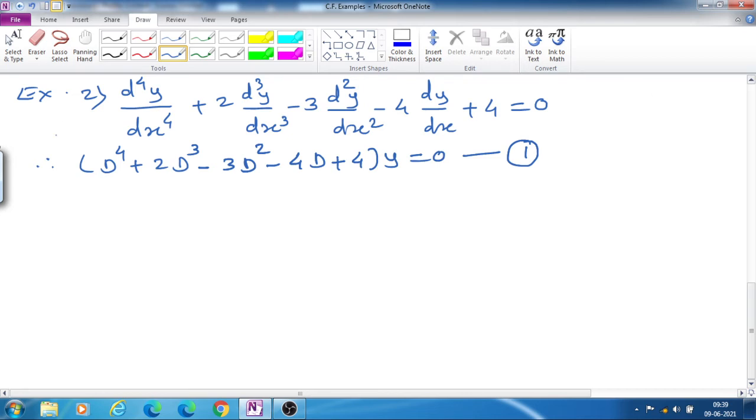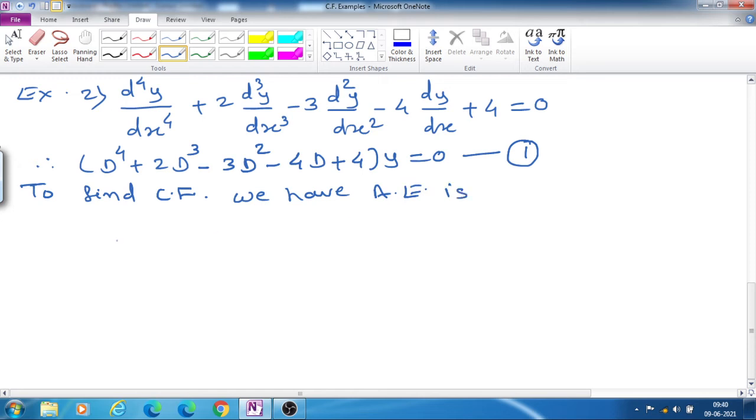Therefore to find the complementary function, CF, we write the auxiliary equation.